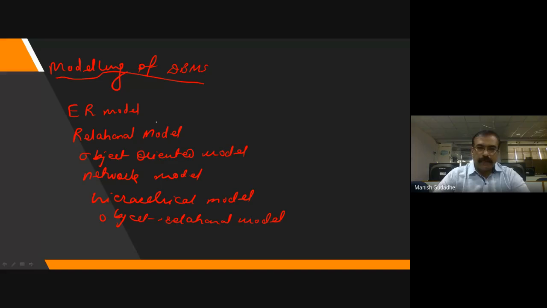Don't worry, we are not going to learn all the 6. We are just going to concentrate our discussion on these 2 models, ER model and relational model. ER model is also called, actually elaboration of that is entity relationship model.